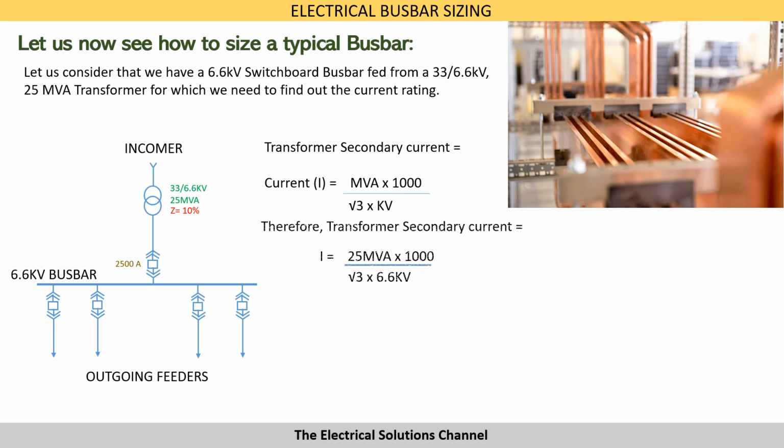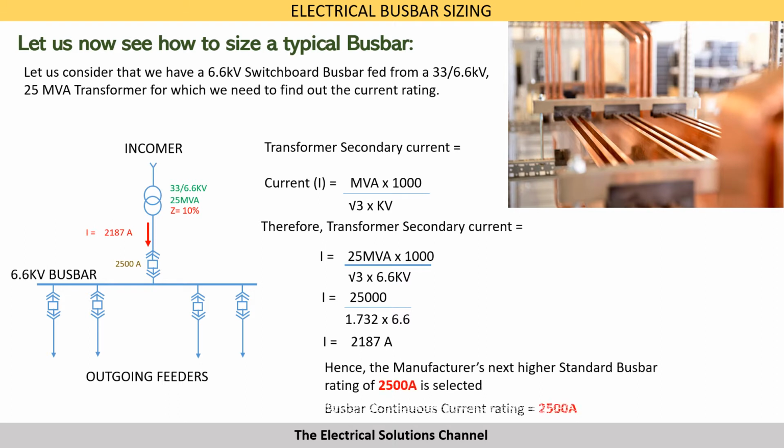By incorporating the transformer MVA and the voltage values, the transformer secondary current is calculated as 25 MVA into 1000 divided by root 3 into 6.6, which is equal to 2187 amps. Hence, the manufacturer's next standard busbar rating of 2500 amps may be selected for this example.